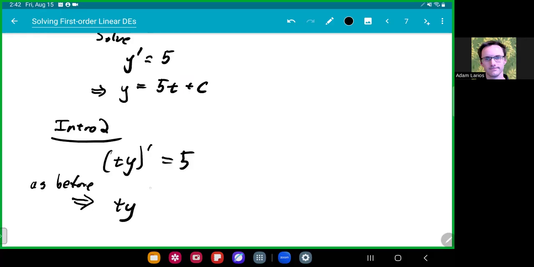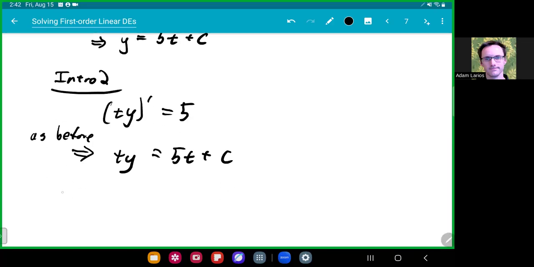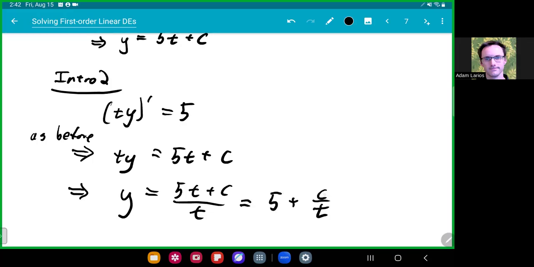ty is equal to 5t plus c. And this means that now I can solve for y. y is equal to 5t plus c divided by t, or if you like, that's 5 plus c divided by t. It's a pretty common mistake, by the way, to say, well, c is just any constant, so instead of writing c divided by t, I'll write that as a c. But that is a mistake.